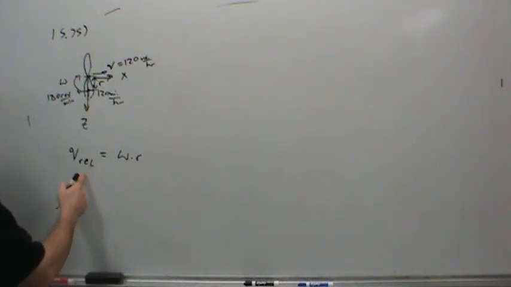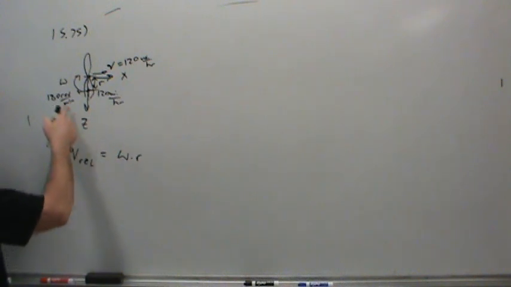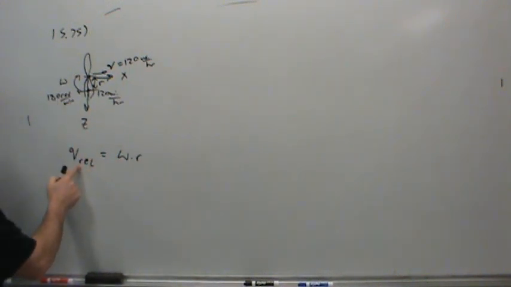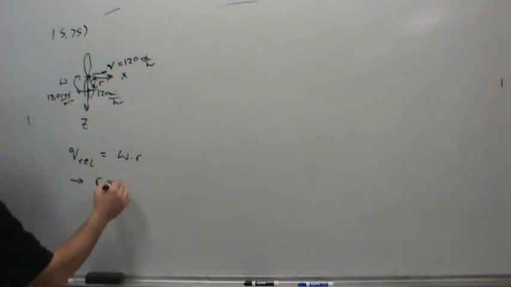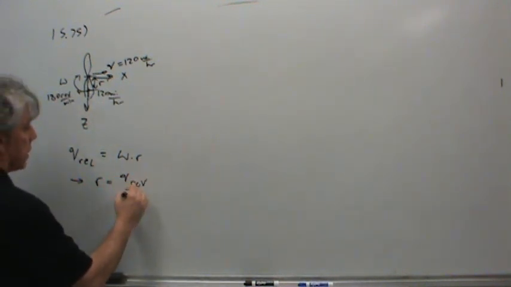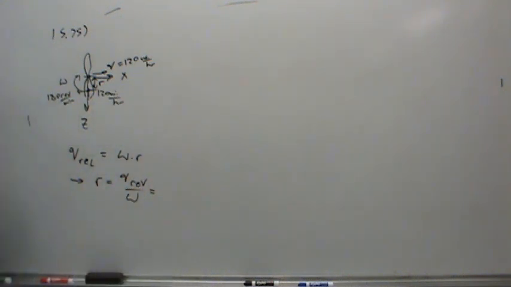So I'm looking for a point, r, where with this rotation speed of 180 revolutions per minute, I find a relative velocity of 120 miles an hour. So basically I'm going to solve this equation for r: the relative velocity divided by omega, plug in the numbers, and find the radial distance where I get 120 miles an hour.